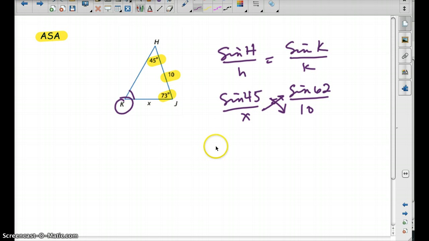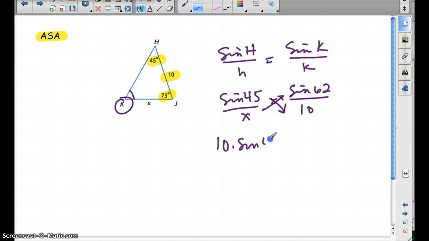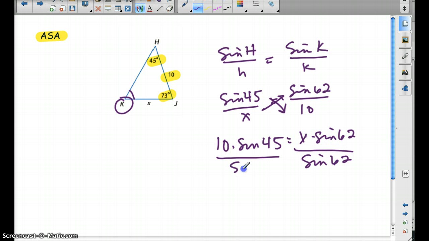So when we cross multiply, we're going to have 10 times the sine of 45 equals x times the sine of 62. And when we do that, we can divide by the sine of 62 on both sides. And when you put this into your calculator, you should get x equals 8.0 when you round it.